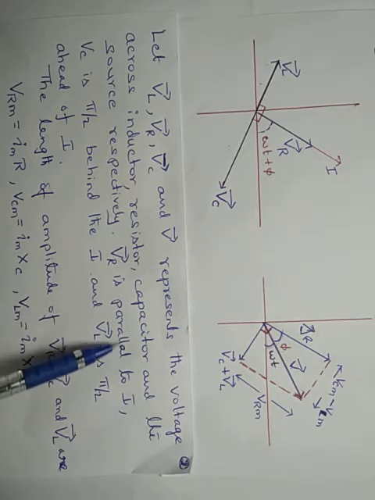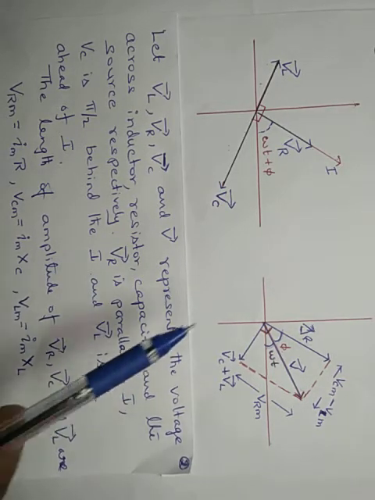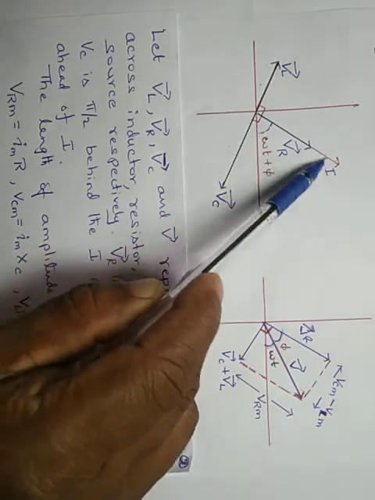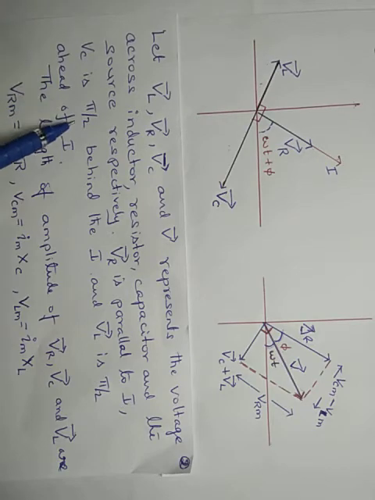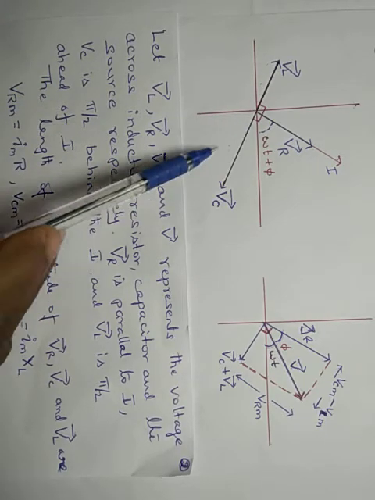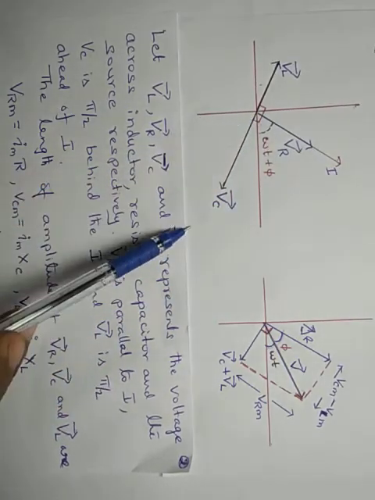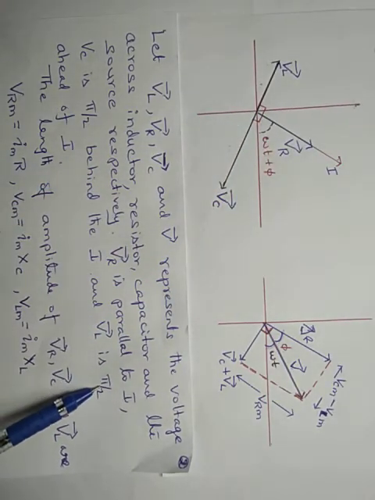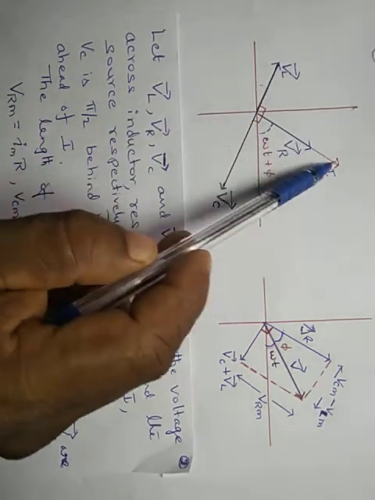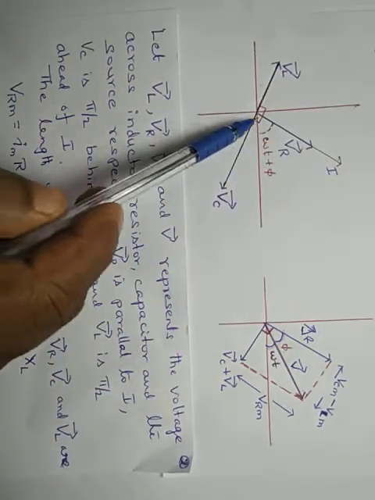VR is parallel to I, that is what I have drawn here. VC is pi by 2 behind I, and VL is pi by 2, 90 degrees, ahead of this I.